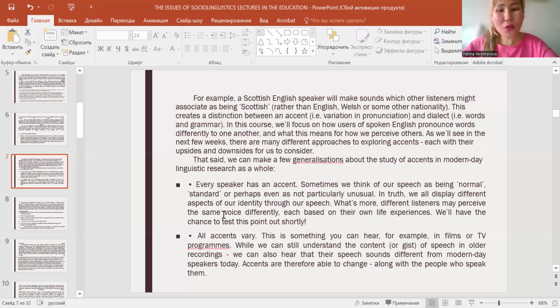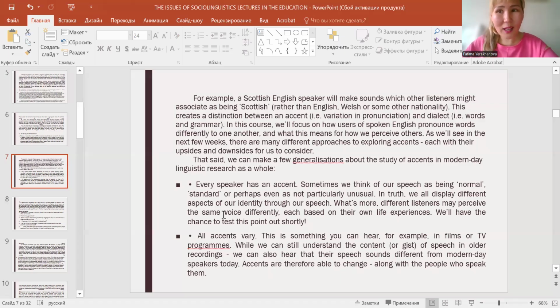Sometimes we think of our speech as being normal, standard, or perhaps even as particularly unusual. For us, it's something normal. But what's more, different listeners may perceive the same voice differently.